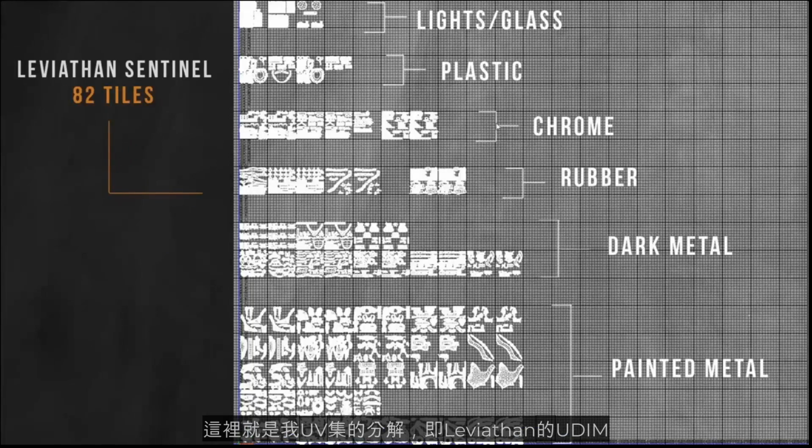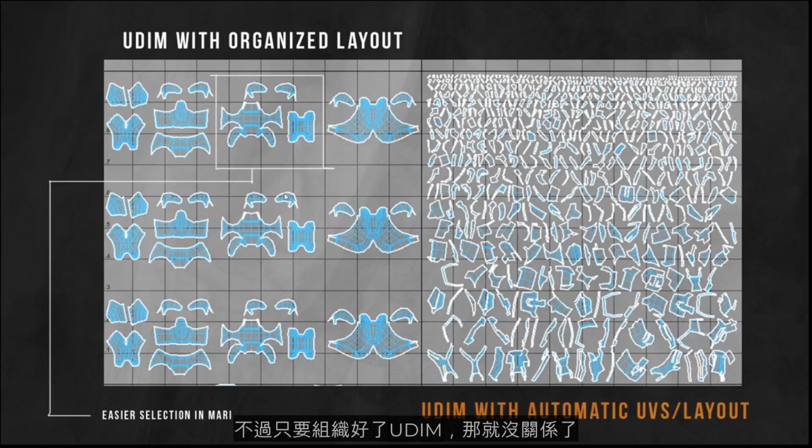This is just a breakdown of my UV set, my UDIMs for Leviathan. That's how I broke it down into materials. A lot of people ask me if this is the final layout, if I ever change it. I mean, especially in production, this changes a lot, which is fine. But as long as you have organized UDIMs, it's easy enough for you to select them.